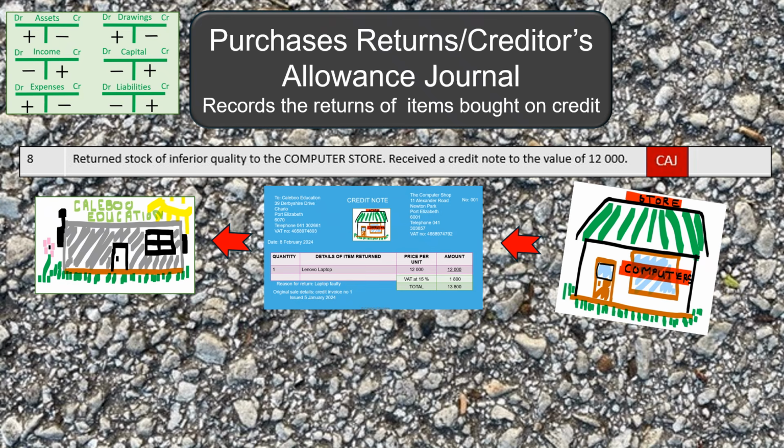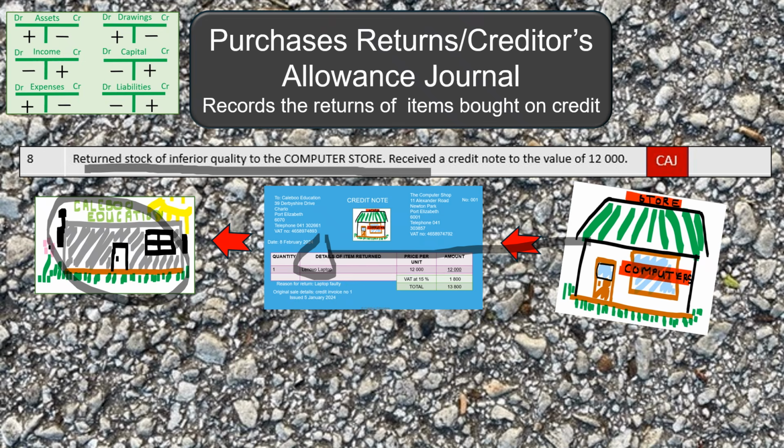And let's look at a transaction. So what has happened here is Calibu returns stock of inferior quality to the computer store. They said they're going to credit our account. So they send us, Calibu Education, a credit note, which is the original.